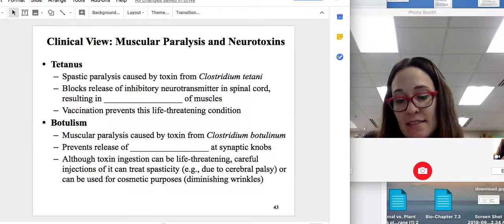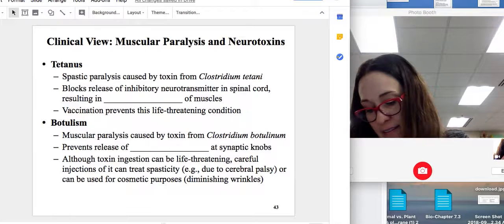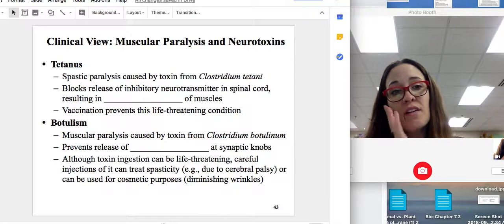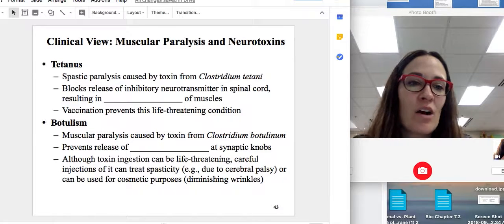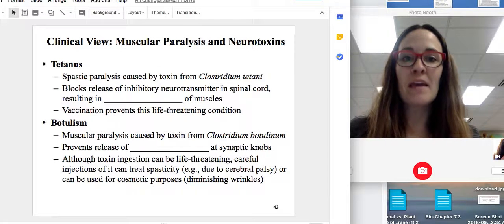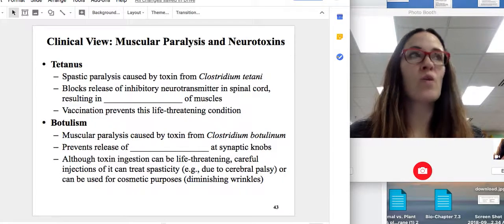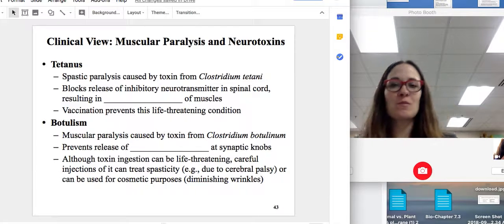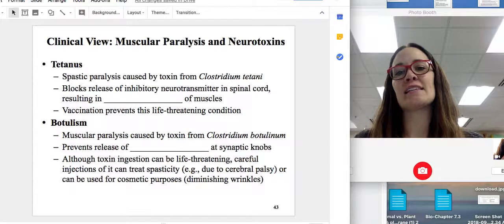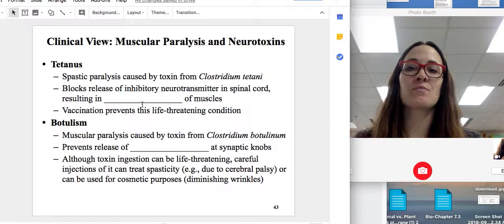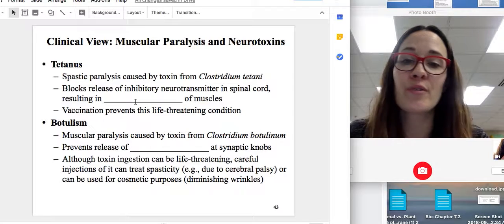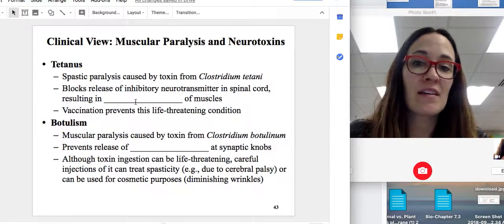There are a few things of interest when we're talking about muscle contraction. One of them is called tetanus. Tetanus can be caused by something called Clostridium tetani, a bacteria that lives in the soil. This is why we get tetanus shots, to prevent this. If somebody gets tetanus, that bacteria is blocking the inhibitory neurotransmitter in the spinal cord.